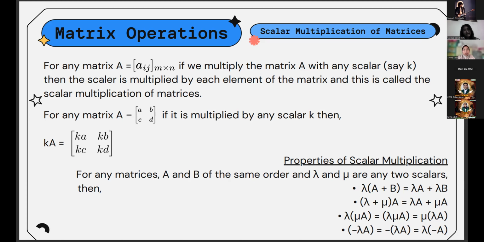The properties of scalar multiplication, for any matrices A and B of the same order and lambda and mu any two scalars, are as follows.